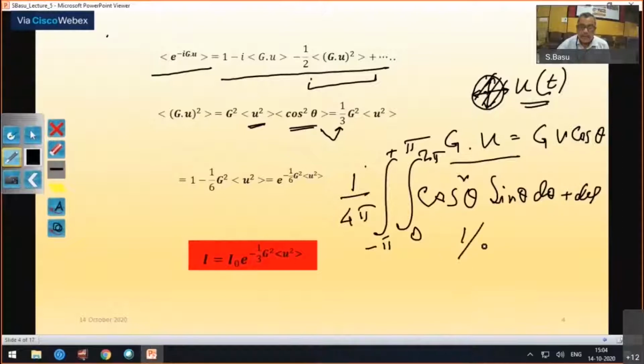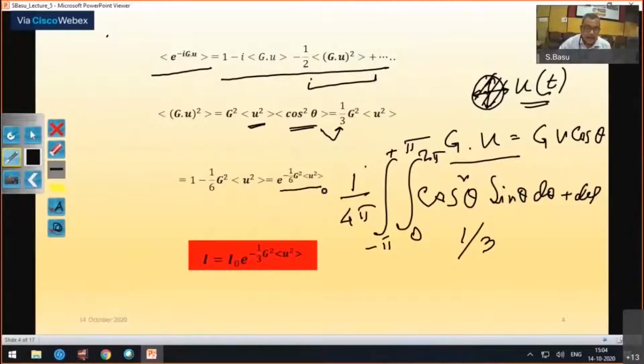That gives me the term 1/3. If you do it, you can see this. So this expansion becomes 1 minus 1/6 of g squared u squared, and that adds the term in the amplitude, e to the power minus 1/6 g squared u squared.